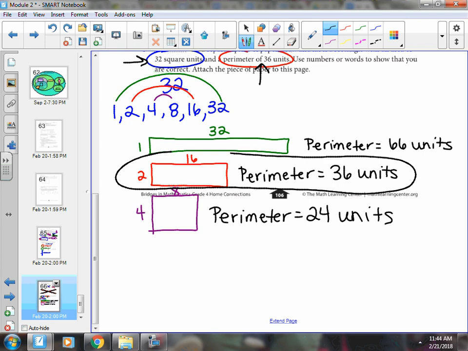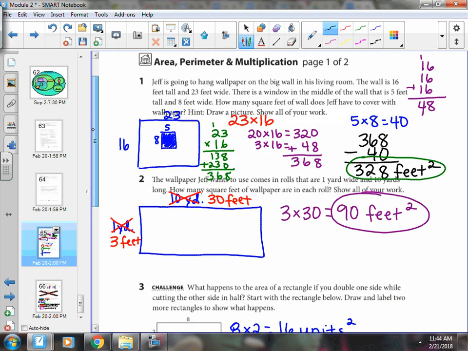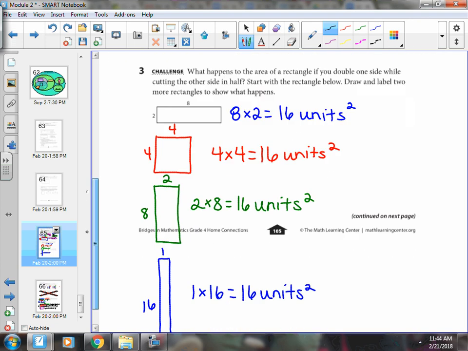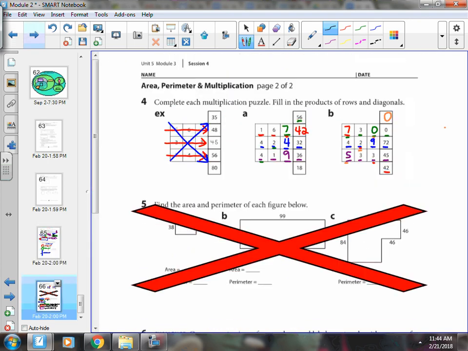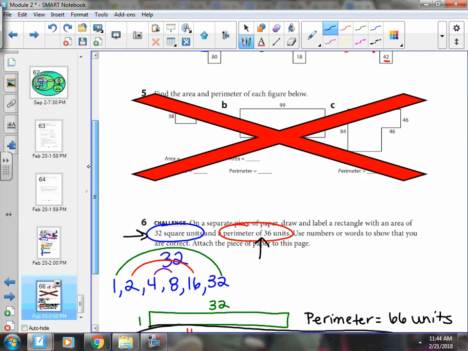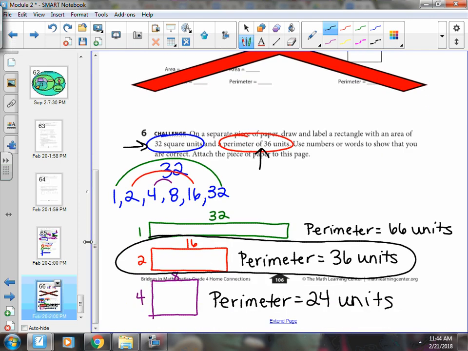So I figured out what rectangles would match the area, and then only one of those matches the perimeter that it's supposed to. All right, here are the answers for 105 and 106. All right, kids, I will see you in class.